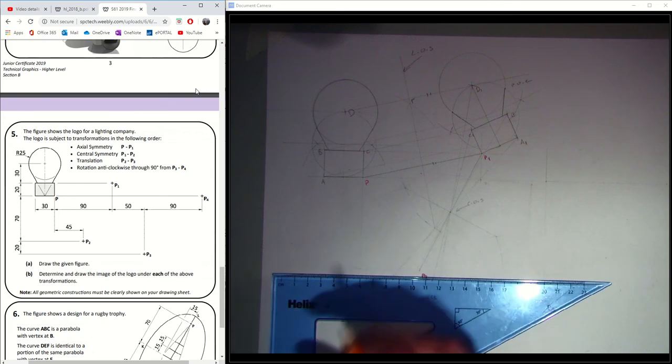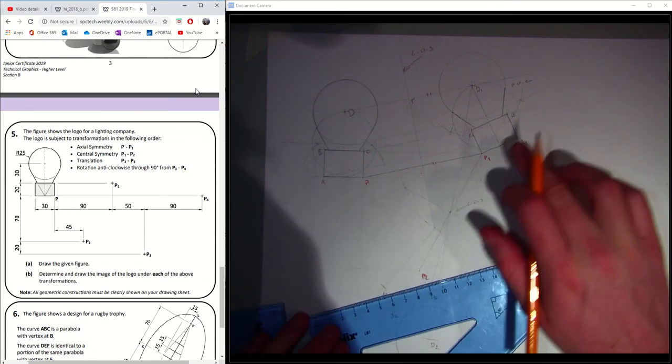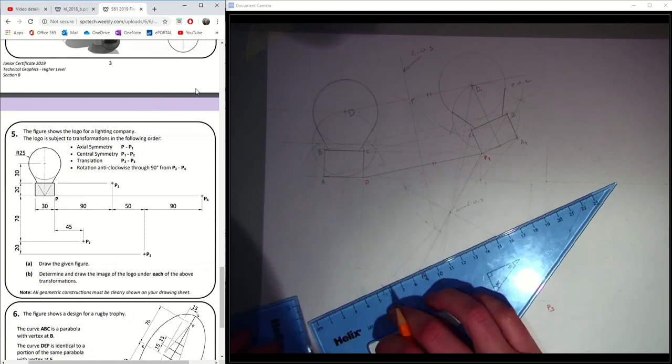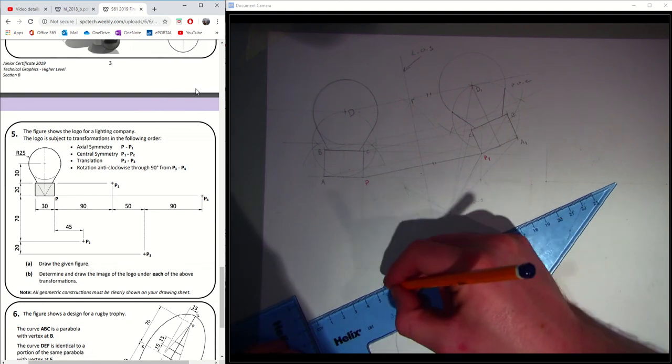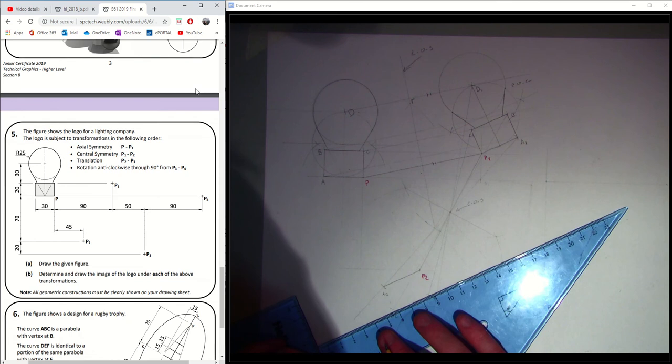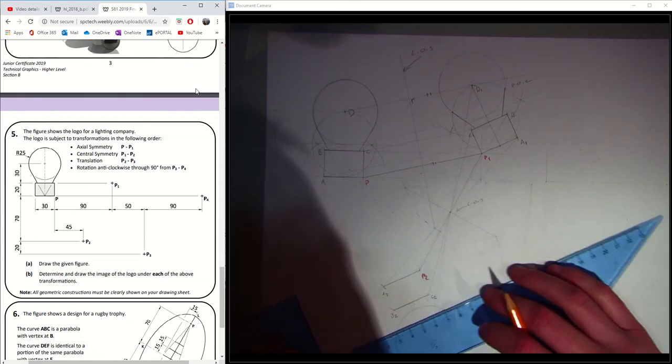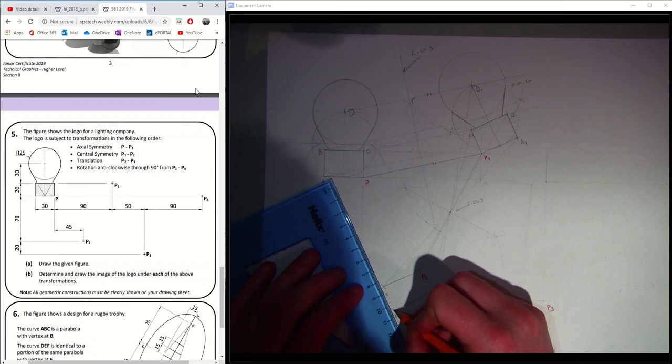Now we just join up my points. I know A1 joins to P1, so A2 is joining to P2. The rest of these are joined together also.